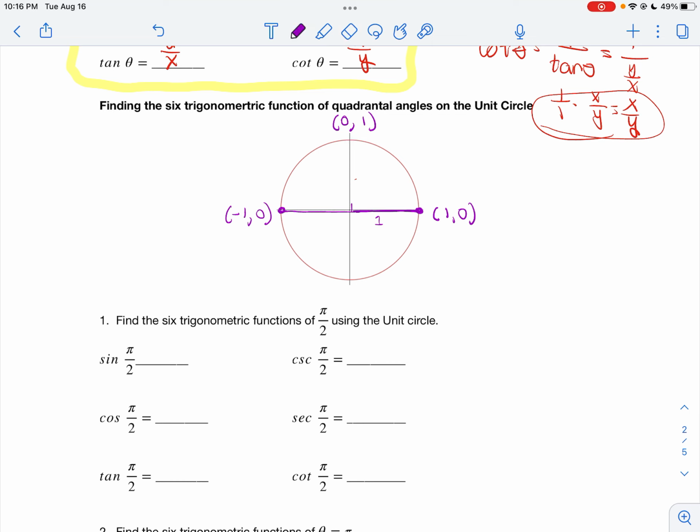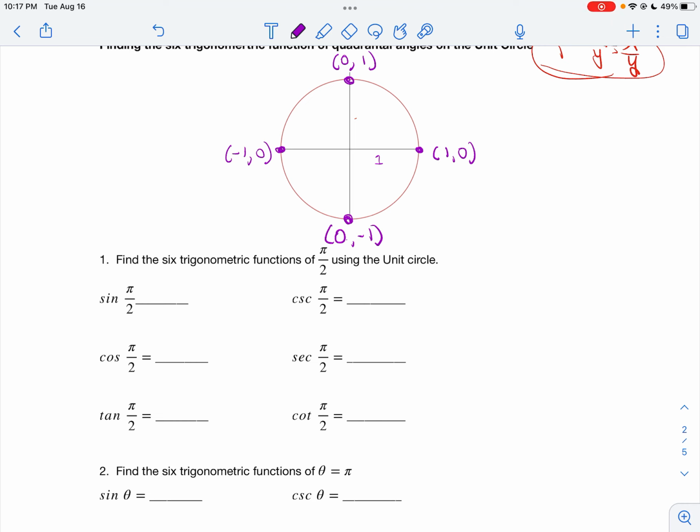And then if I wanted to do 270 degrees, my x is 0 and my y is -1. So those are key points on our unit circle. If you know those ordered pairs, we should be able to find the sine, cosine, tangent, cosecant, secant, and cotangent of any quadrantal angle on that unit circle.